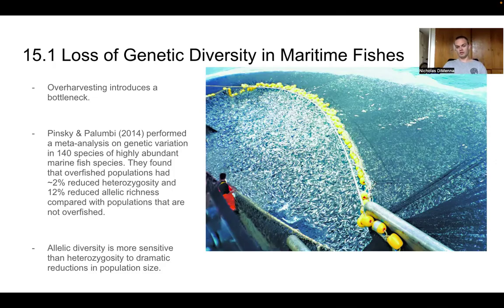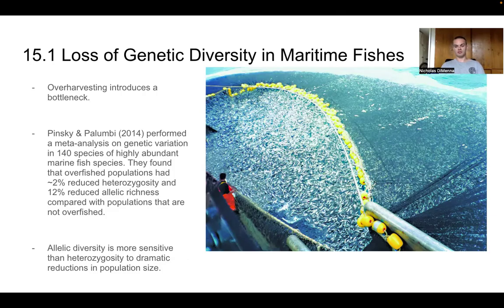When we're removing individuals from a population, we're taking their alleles out, so you have a greater likelihood of seeing homozygous individuals. And we're physically removing novel alleles from the population quicker than they can be replenished.